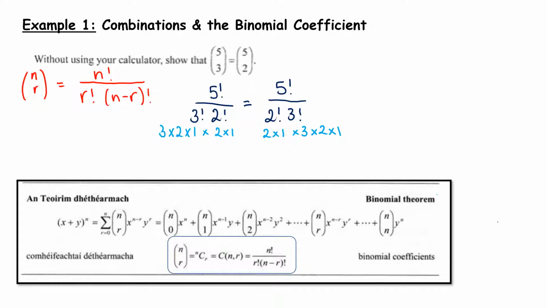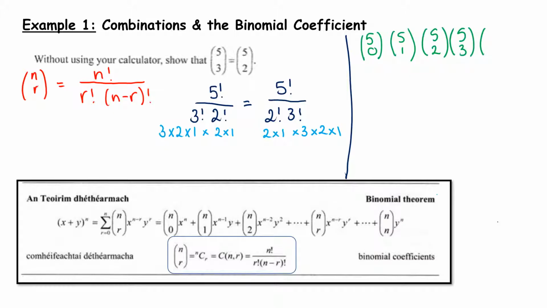So if I wanted to work, and I'm just going to change color now for a second because this has nothing to do with the example that I'm doing here. If we worked it through, we start with 5 choose 0, we have 5 choose 1, 5 choose 2, 5 choose 3, 5 choose 4, and 5 choose 5.